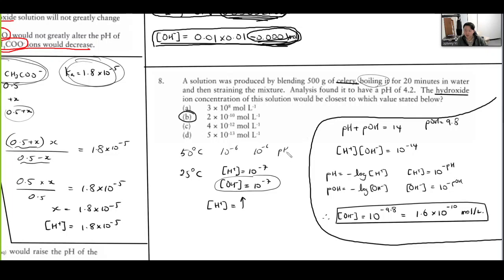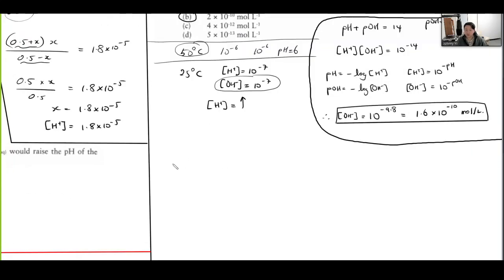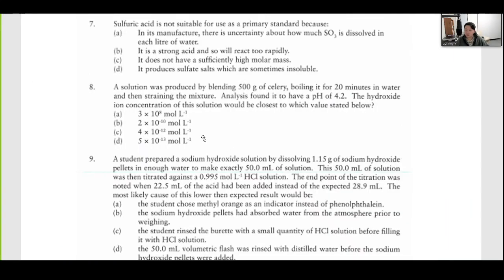In that case, a pH of 6 would be neutral. All right, so it says it was boiled. Maybe because of that, because it's a bit warmer, that's why instead of this amount, it could be this amount. Okay. Because it's warmer, I don't know. That might be the reason. Who knows? Okay.